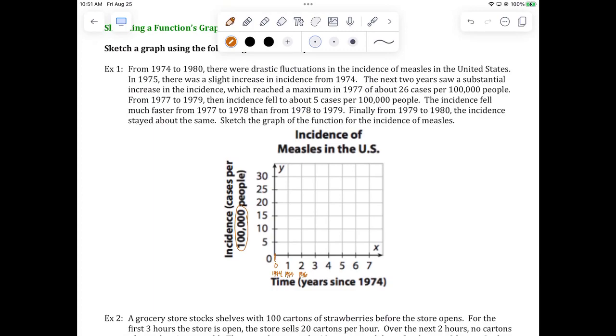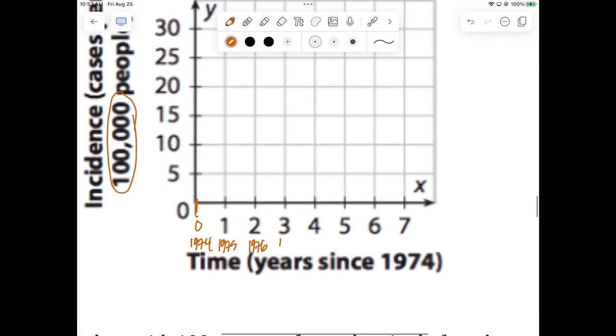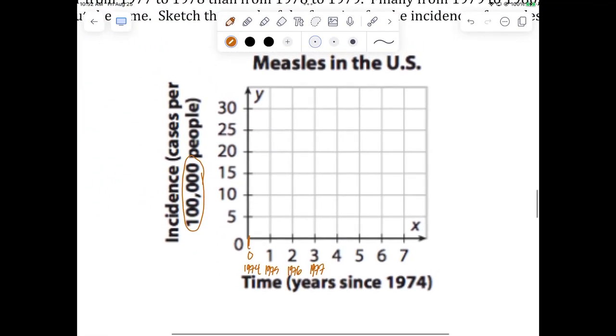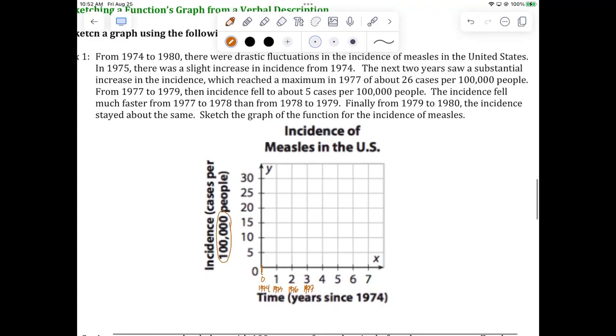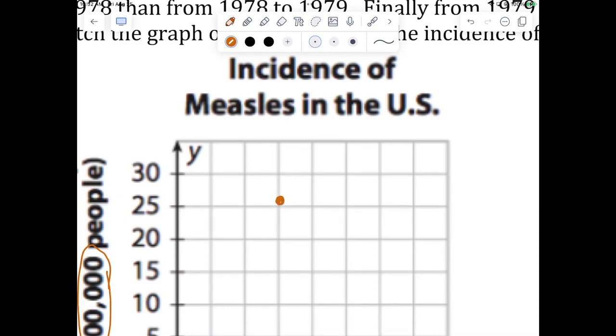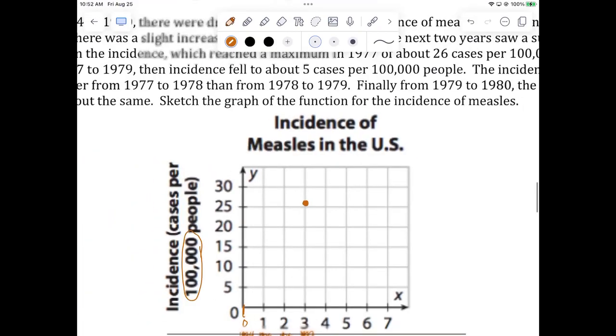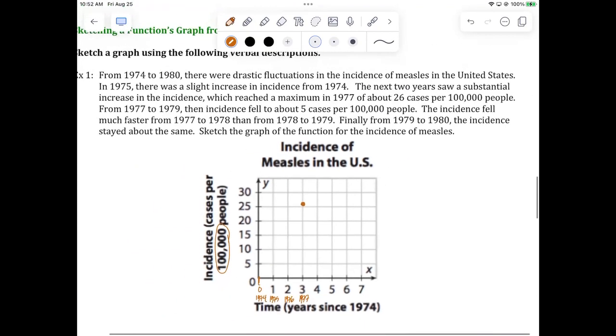So I'm going to go to x equals 1977, and I'm going to plot the point 26. So 1977, of course, would be, if you want to keep labeling them like that, when t equals 3, and I'm going to put about 26. So there's 25. 26 would be just above the line, right? Somewhere in there. And it's already per 100,000, so that's good.